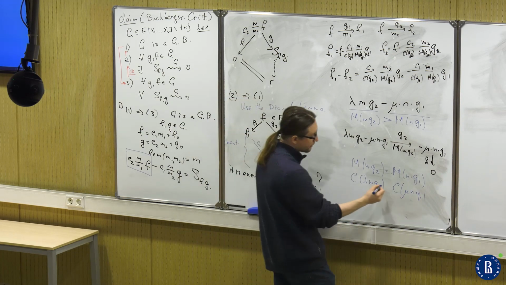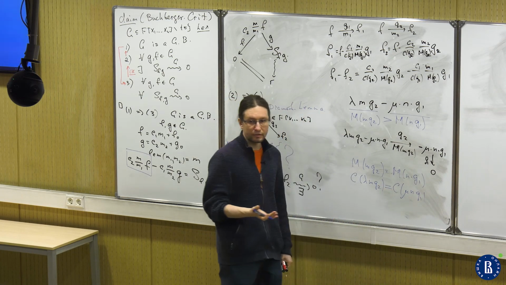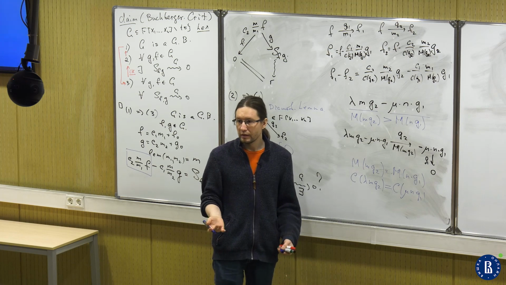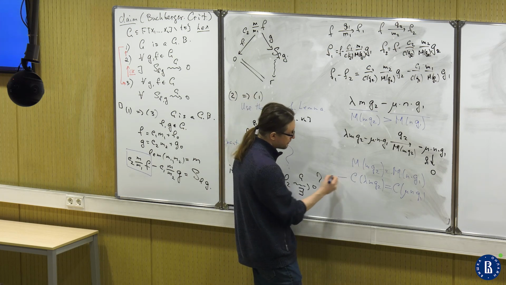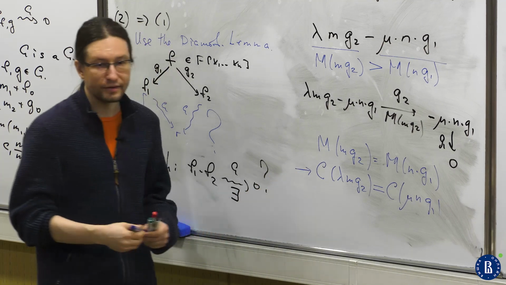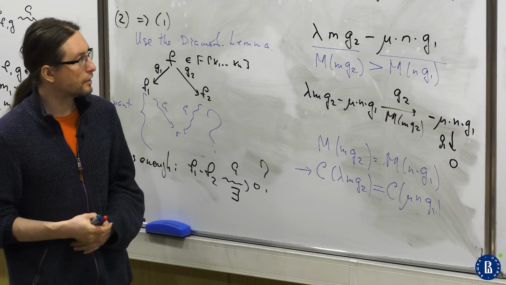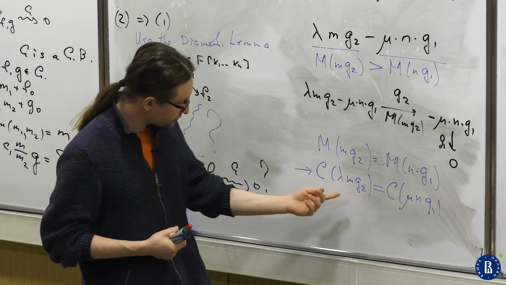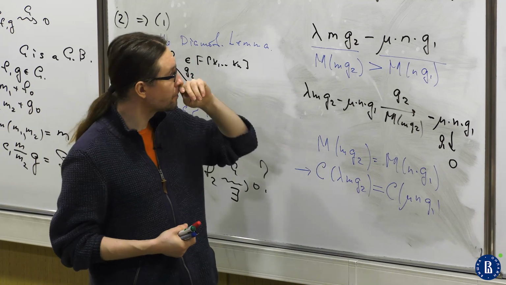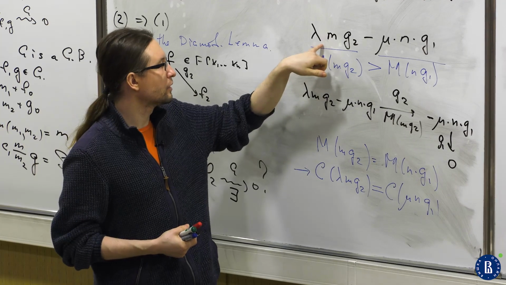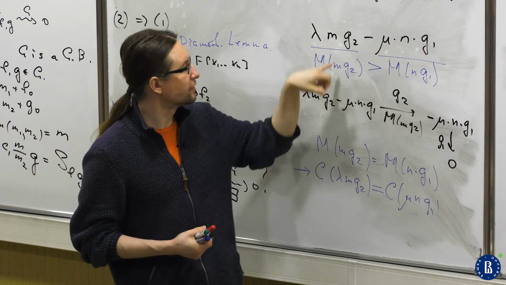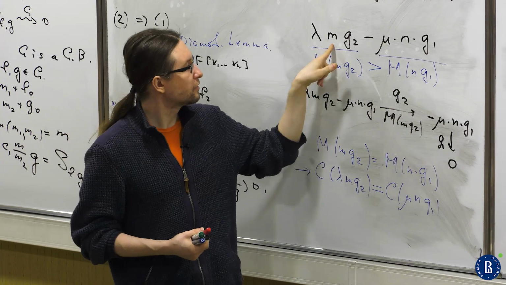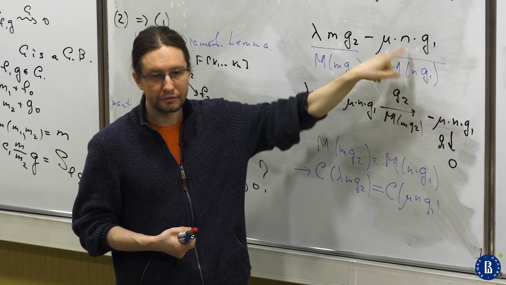The case number 1, they're the same, and the case number 2, they're not. Let's assume at first that the leading coefficients are the same. Then what does it mean? Well, if the leading coefficients are the same, then we just cancel the leading monomials which were here.